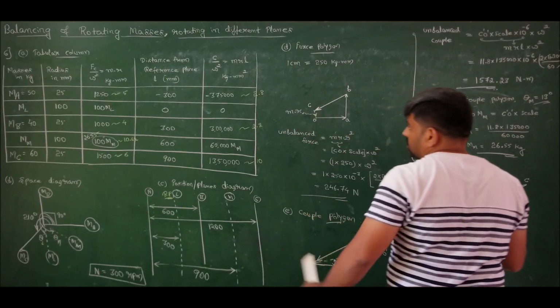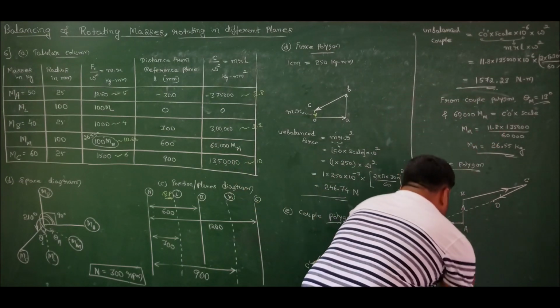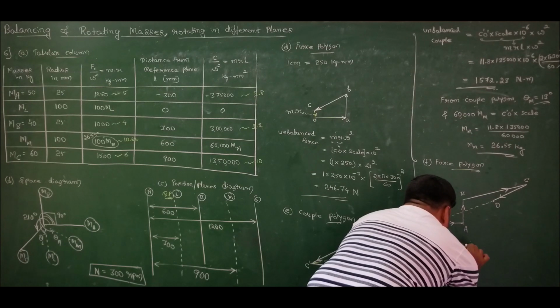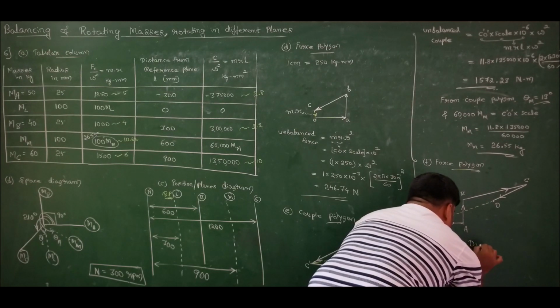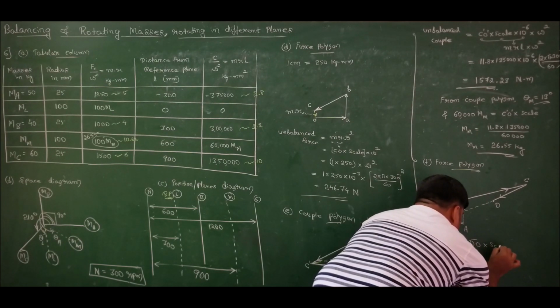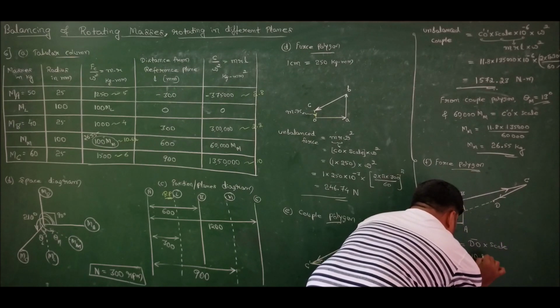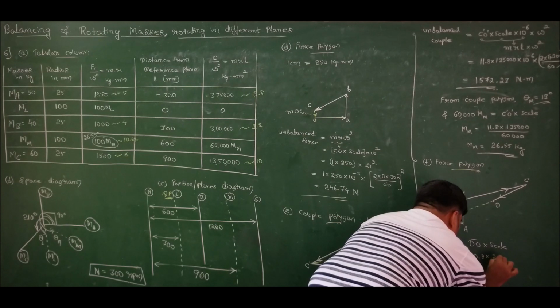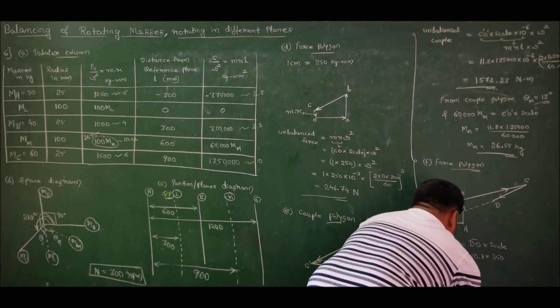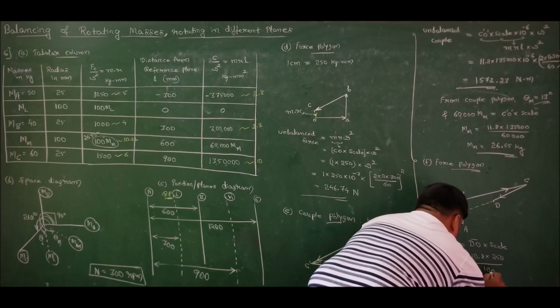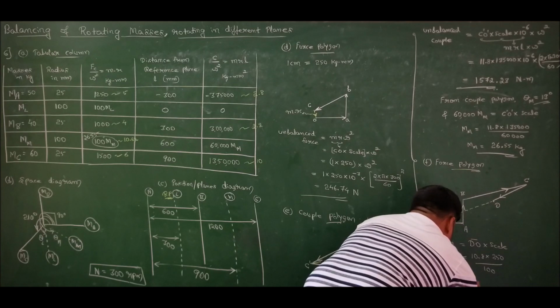So therefore the closing side should be equal to 100 mL. Hence 100 mL is equal to D to O into scale. D to O is measuring 10.8 centimeters. The scale is 250 kg mm. This should be divided by 100 for mL.